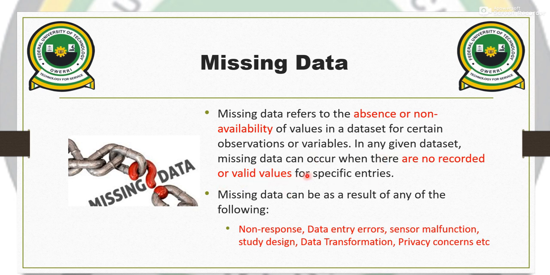Okay, now let's take for instance, you asked somebody his or her age, and the person decides that this thing is actually a private question. You don't have anything to do with my name, with my age. So instead of the person giving you a true value, because you required a number, the person can just write 99 years.